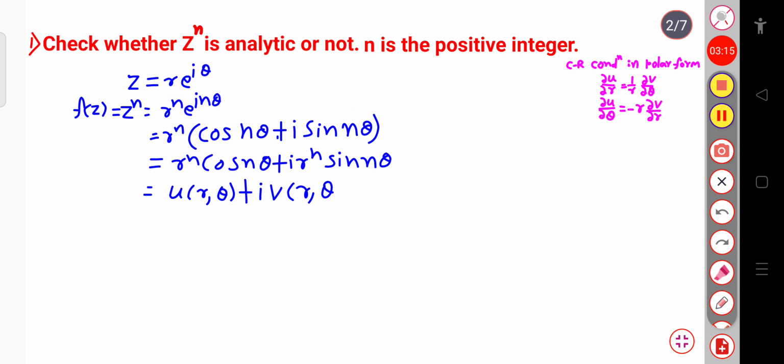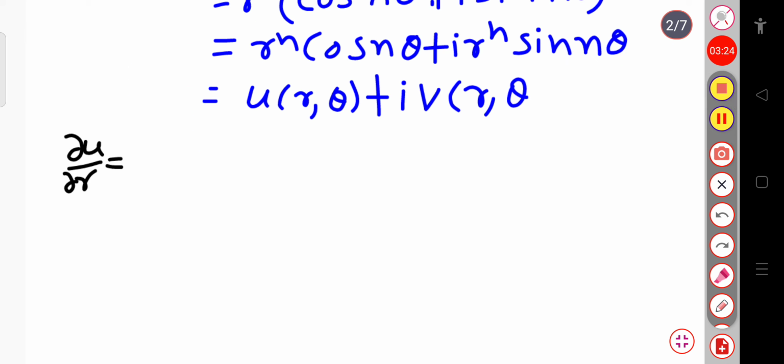So we have to calculate dou u by dou r. Here you can see that u is equal to r power n into cosine n theta. This is the value of u, that is the real part. Now differentiating with respect to r, we will get n into r power n minus 1, and this cosine n theta remains as it is because it is a constant.